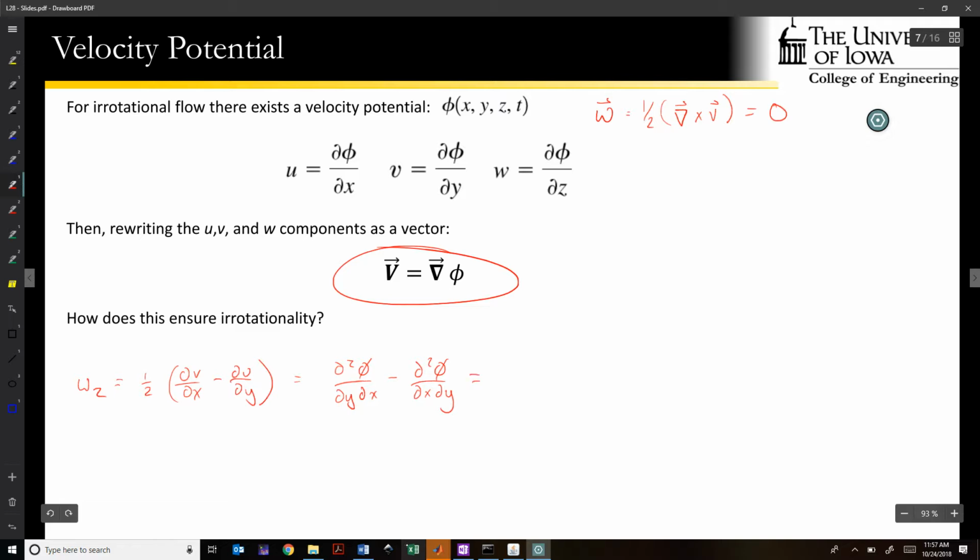So that is going to be identically 0 all the time. And we find the same thing for the x component of rotation and the y component of rotation. Again, it's just a matter that if we define any function of x, y, z, and t, and we define a velocity field based on that function, it's always going to be an irrotational velocity field.